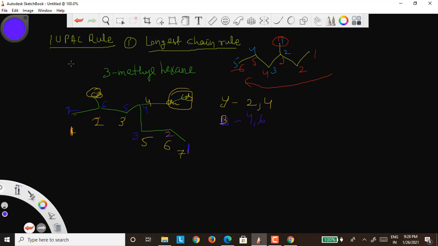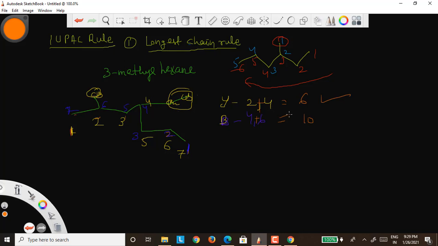So 4 and 6. This is the lowest locant rule: if the substituents are lower in number, or if more than one substituent is there, the sum should come minimum. If one sum is 6 and the other is 10, this should be preferred. So numbering should follow the longest chain rule; the longest chain should be taken. And if there are two options for the longest chain, you have to select by the substituents.